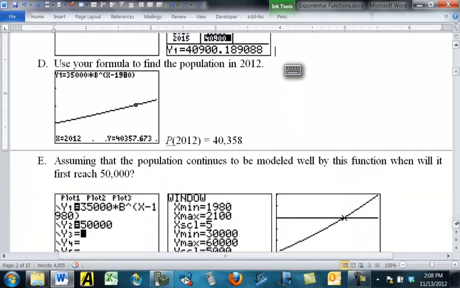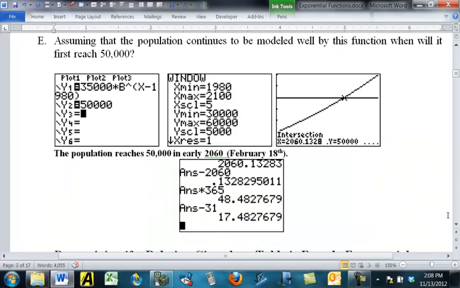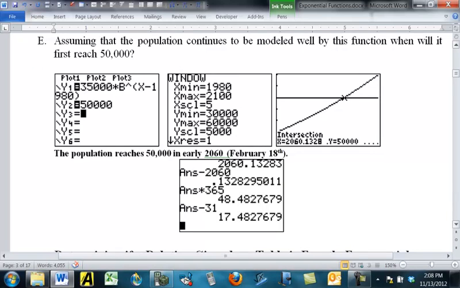And if we assume that this model is still going to hold, when does it first reach 50,000? Now let's back up a minute. In part D, once we had this, we were given an x and we needed to find a y. So you could use trace for that, for example, or just use the table. This one goes backwards, where we know the y and we want to find x.